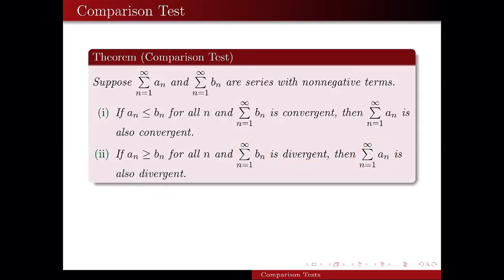So what is this? You have still two series with non-negative terms, and you want to study the series a_n, but you found a smaller series relative to the one you are studying. So you found a smaller series that is divergent. Then, of course, the bigger series will also diverge.